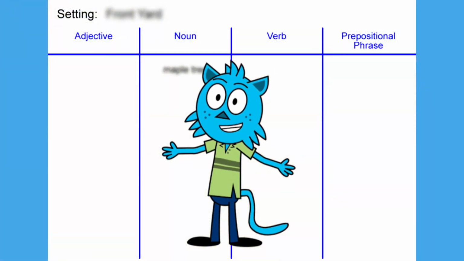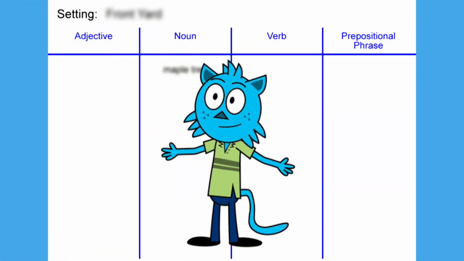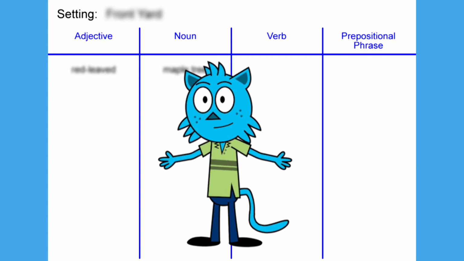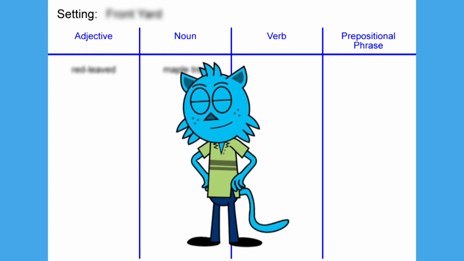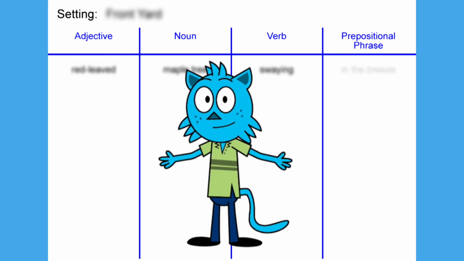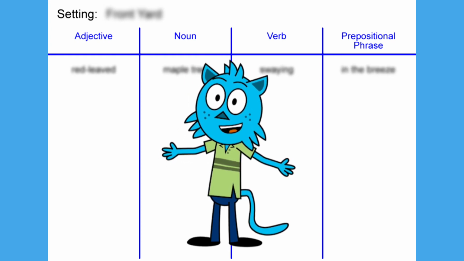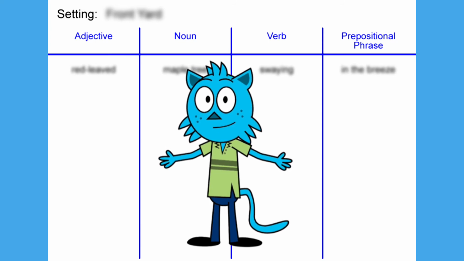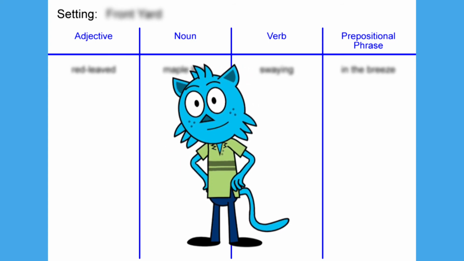What is one noun you notice? What adjective describes that noun? What could it be doing? What prepositional phrase could describe the where, when, or how of what it's doing?